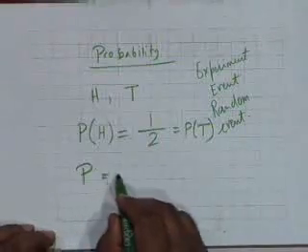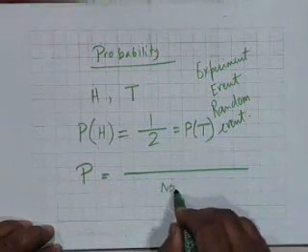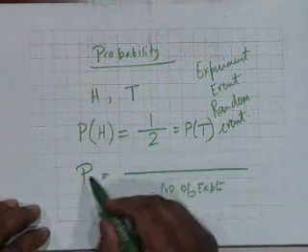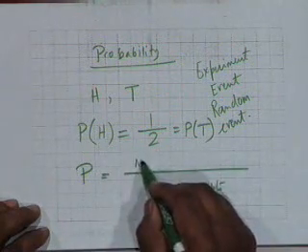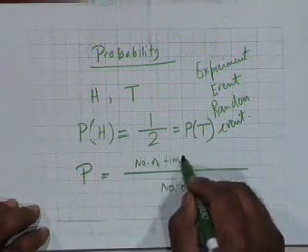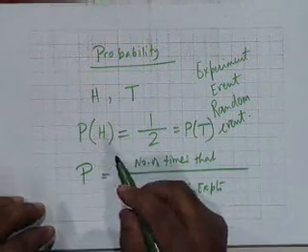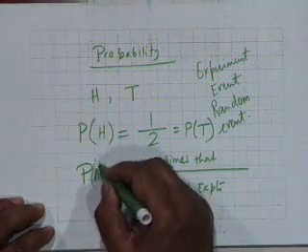But formally, we now define probability as the number of experiments and the number of times that an event A occurs.